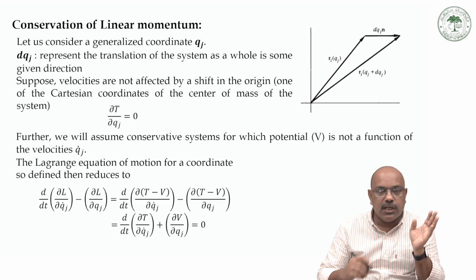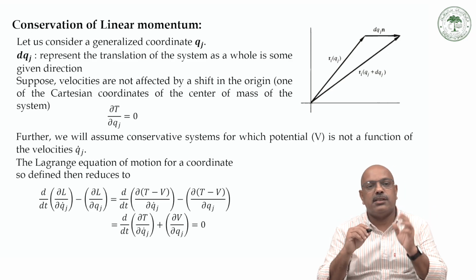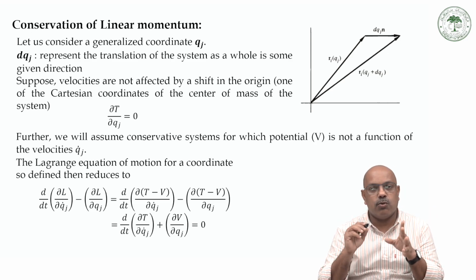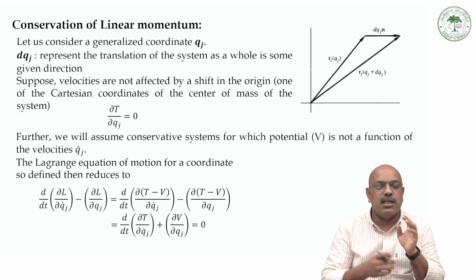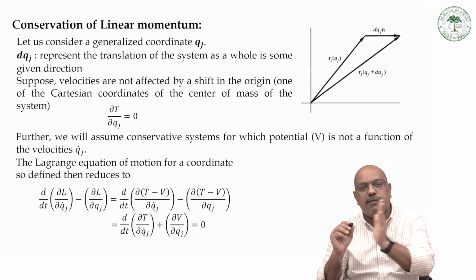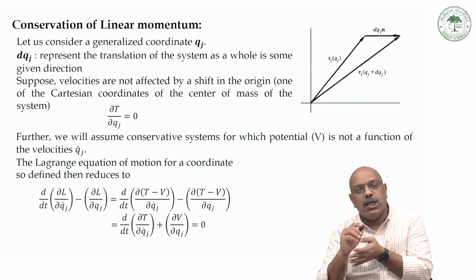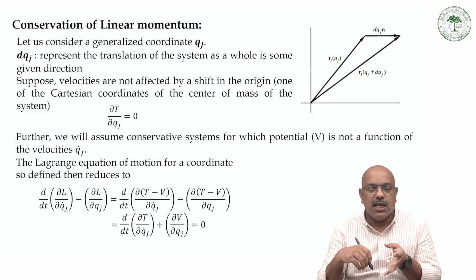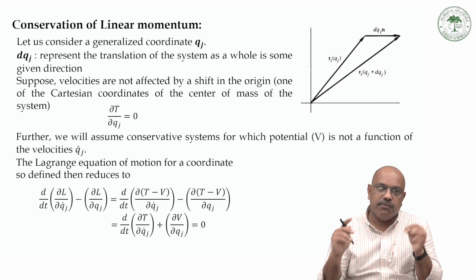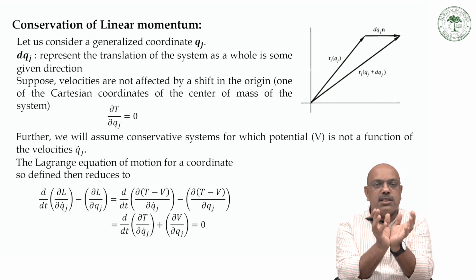So for the linear momentum conservation, let us consider that the generalized coordinate is qj, and this delta qj represents the translation of the system as a whole. When we talk in terms of generalized coordinates, you are in a configuration space, and in a configuration space, each and every point defines the unique configuration of the system as a whole.